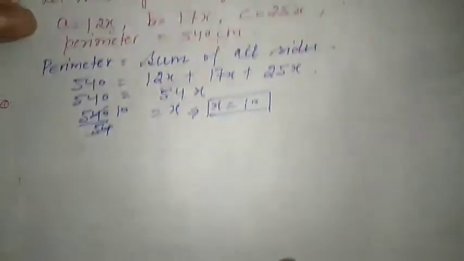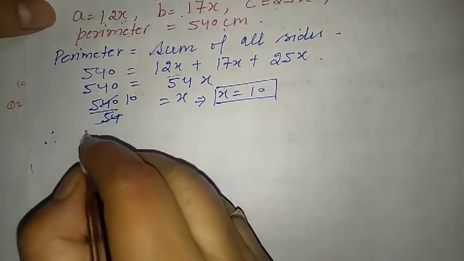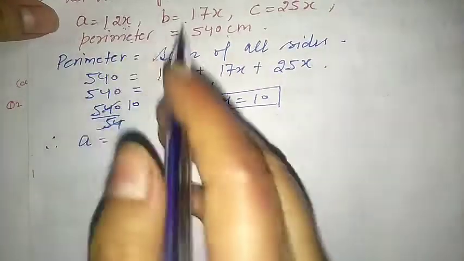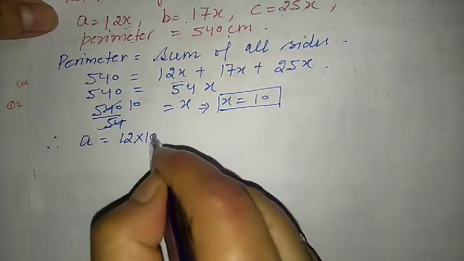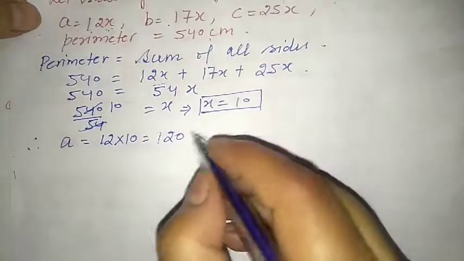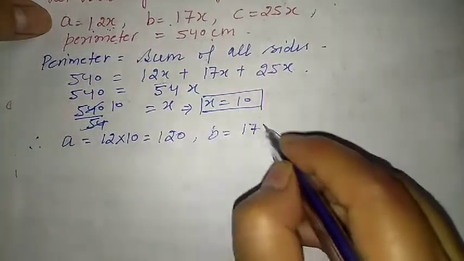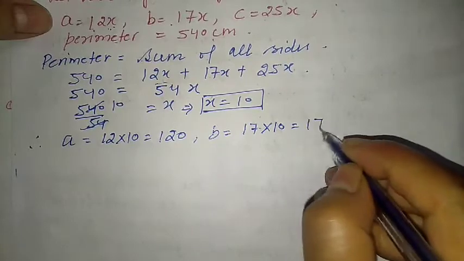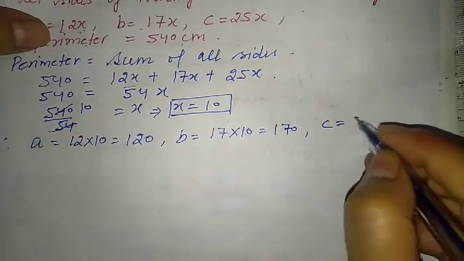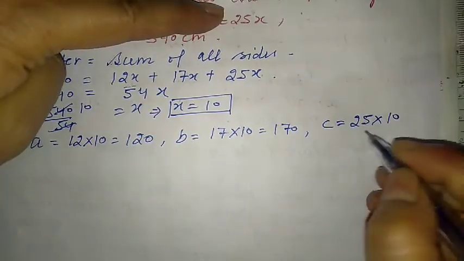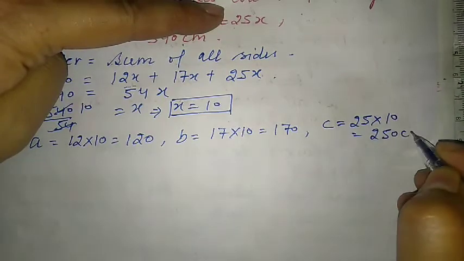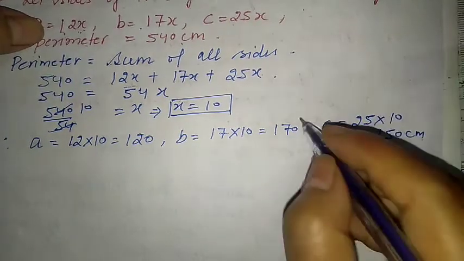So what are the sides? A is 12 into 10, that is 120. B is 17 into 10, that is 170. And C is 25 into 10, that is 250. All are in centimeter.